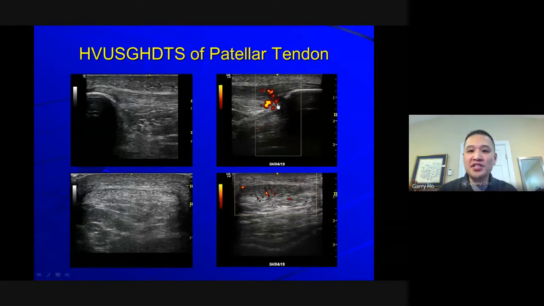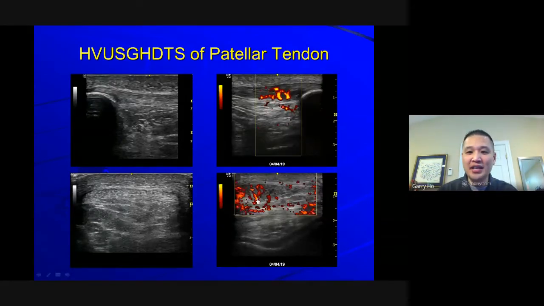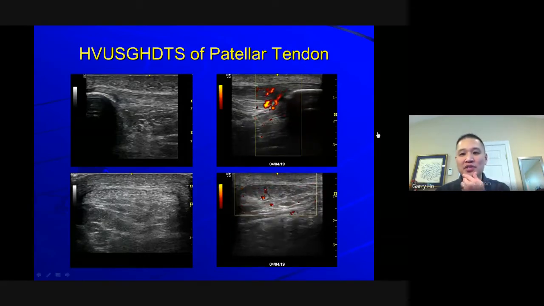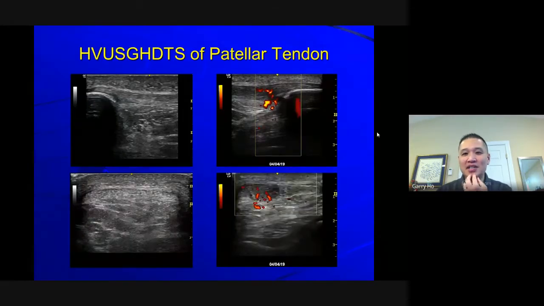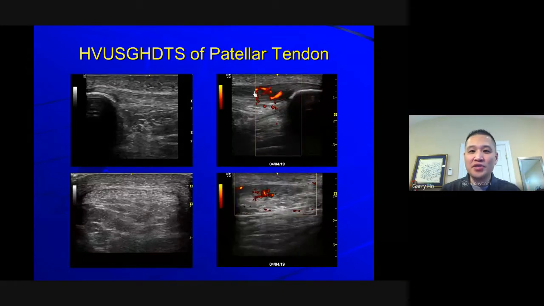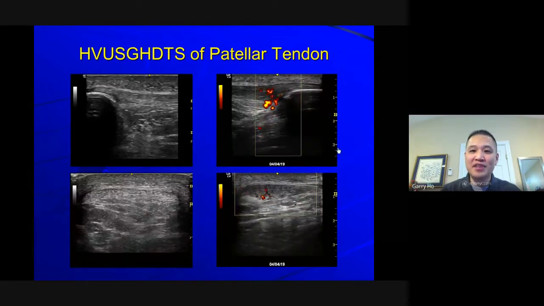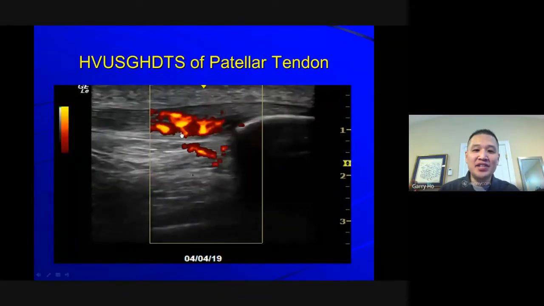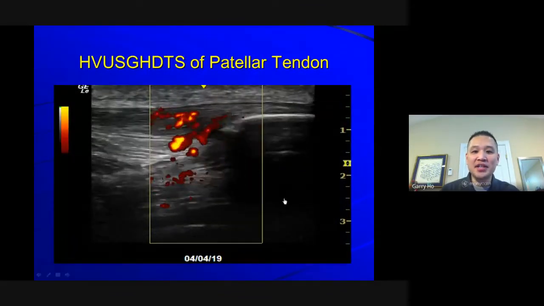But you do see some of these neovessels actually sprouting in rather than being from inside. So there's a little trick that I'm going to show you, which has not been studied, but I think actually makes sense and can help separate what vessels are just hyperemia versus what vessels are invaginating in here. There is some thought that the neovessels that are invaginating typically have a higher velocity.